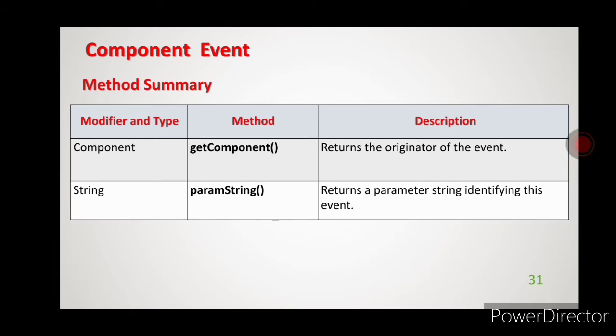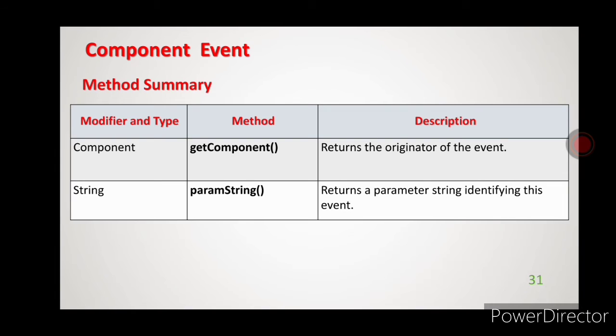Next is methods. The first one is the getComponent method, which returns the component. It means it returns from which component the event is generated, whether it is from a button, tab or text box, etc. It returns the originator of the event.